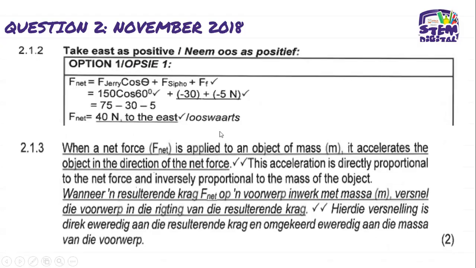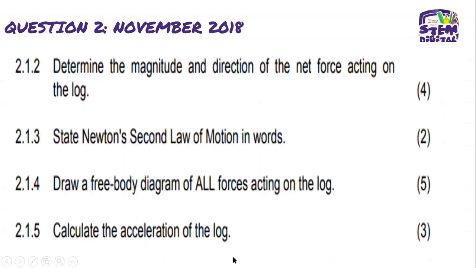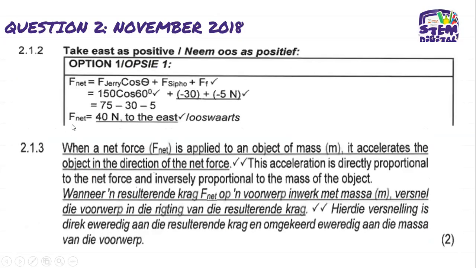Right. Then the next question says we must calculate the acceleration of the log. To calculate the acceleration of the log, we will definitely use Newton's second law of motion equation. What you must remember is that we had already calculated the net force acting on the object in question 2.1.2.